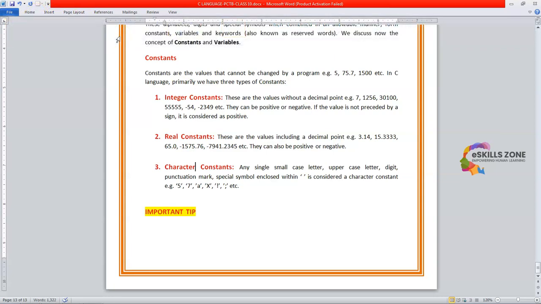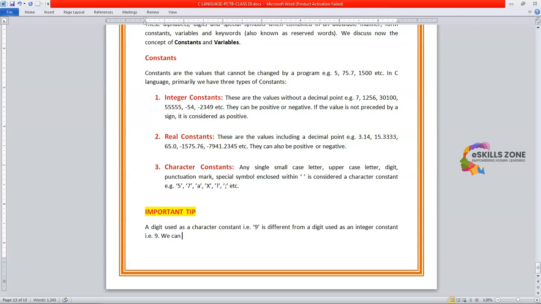That is, a digit used as a character constant, that is 9 enclosed in apostrophe, is different from a digit used as an integer constant, that is 9.